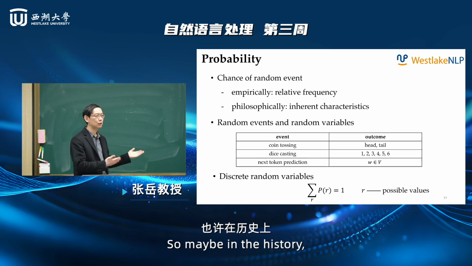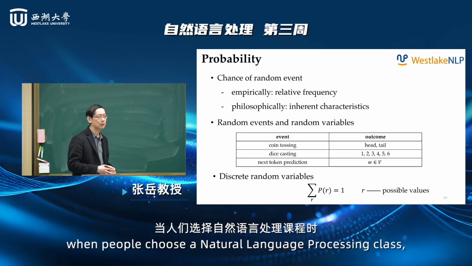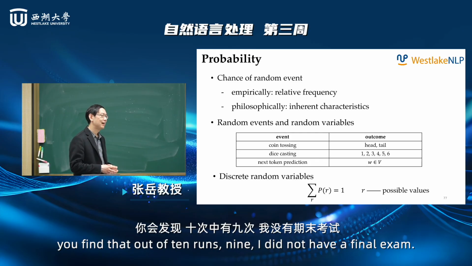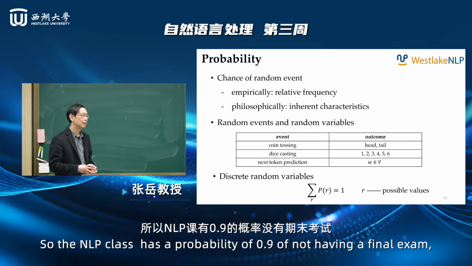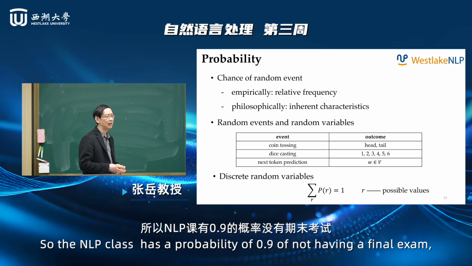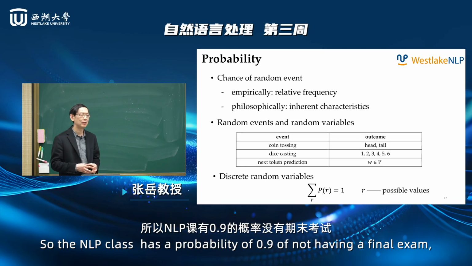So maybe in history, when people chose the natural language processing class, you find that out of 10 runs, 9 times it did not have a final exam. So you would say the NLP class has a probability of 0.9 of not having a final exam.